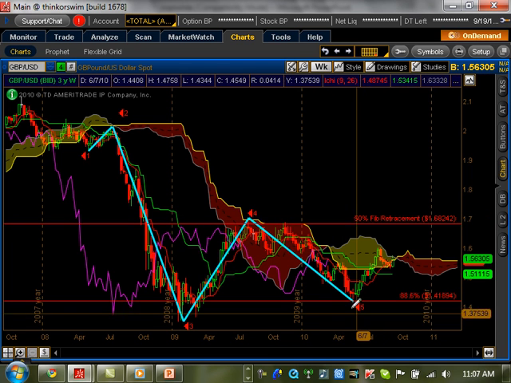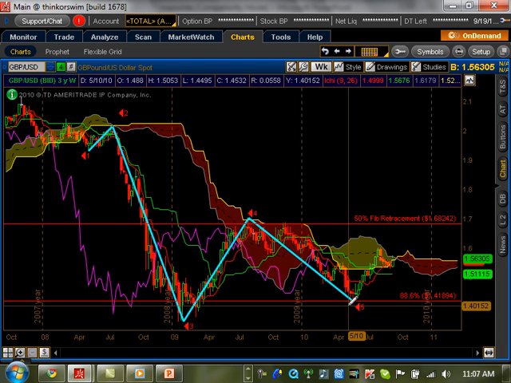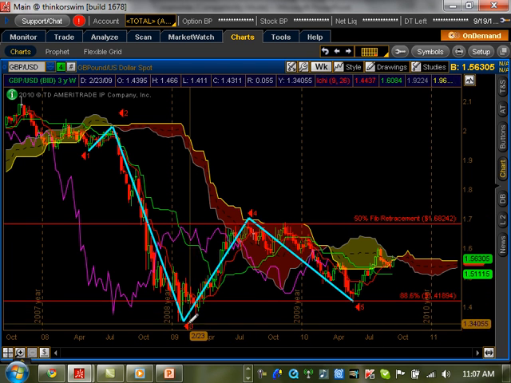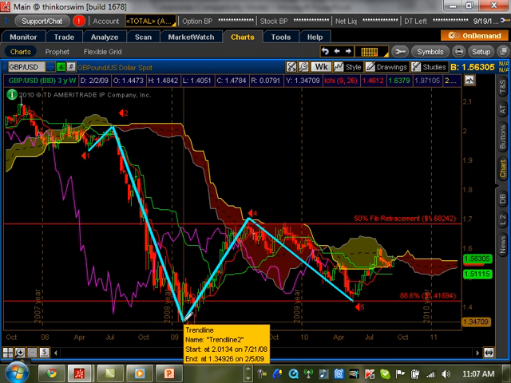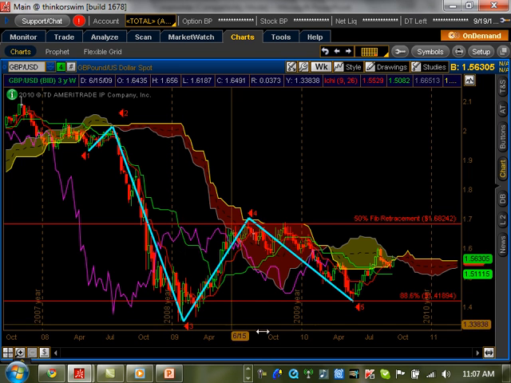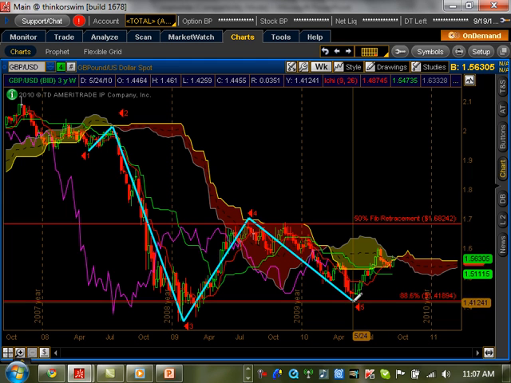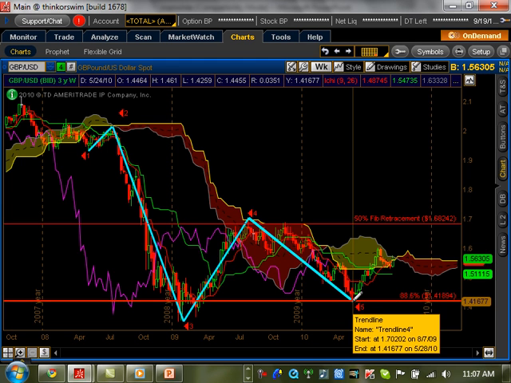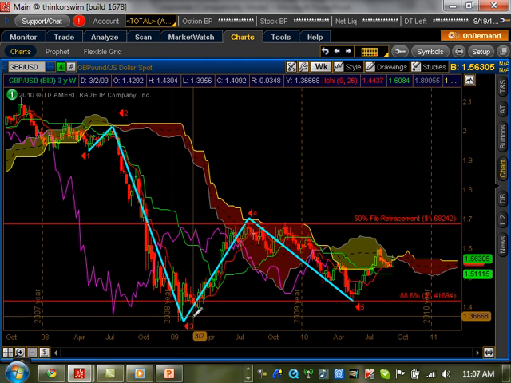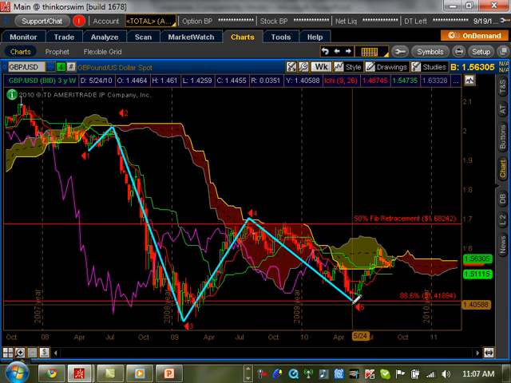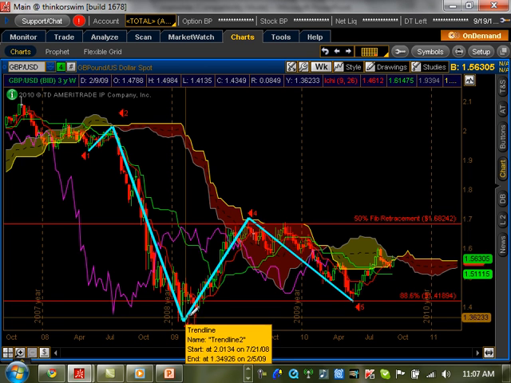Okay. The other thing is, if you study Gann's work, you'll notice that he says where a trend will end for a bearish scenario is when the next pivot right here is basically an 88.6% retracement, which forms a higher low than this guy right here. Okay.